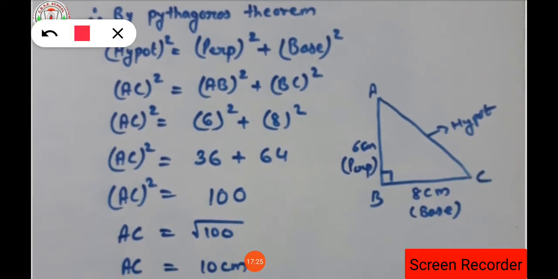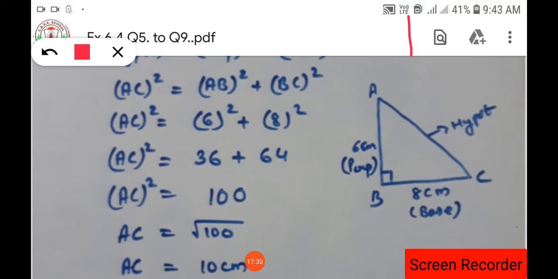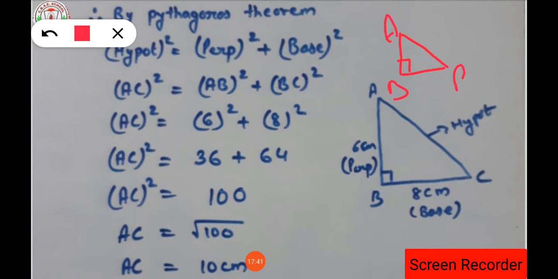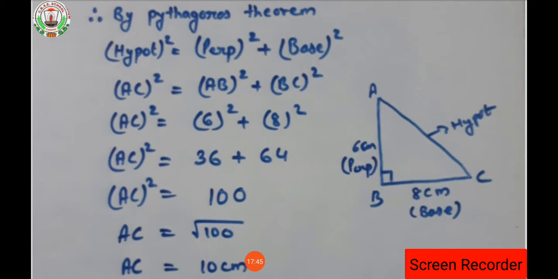Just look at. So what is said in the question? It is said that ABC is a right angle triangle. If it is a right angle triangle at B, here is B, this one is A and this one is C. Clear? So if it is a right angle at B, here it is 90 degree.